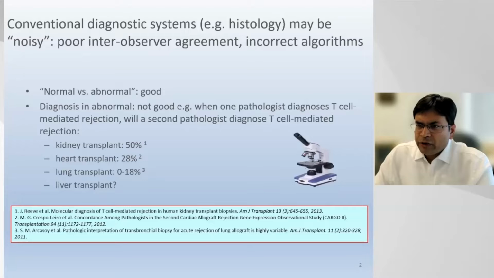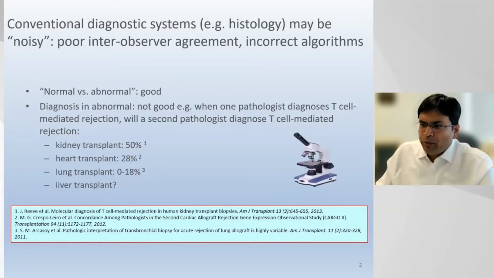With regards to histology, normal versus abnormal is fairly easy to appreciate, but once you hit the abnormal diagnosis, the ability to distinguish different kinds of pathologies, for example, rejection, may not be as good between observers. To give an example, for T-cell mediated rejection for kidney transplants, the agreement between two observers is no higher than 50%, and this drops much lower for other organs like the heart and the lung.